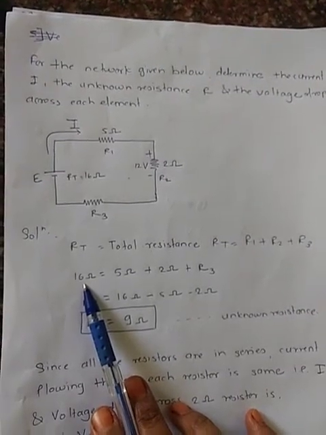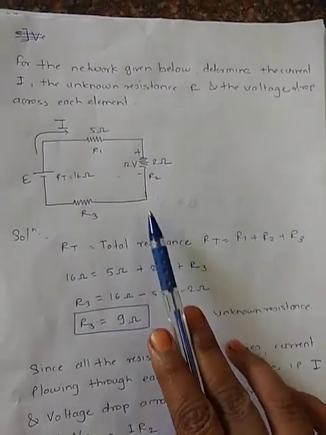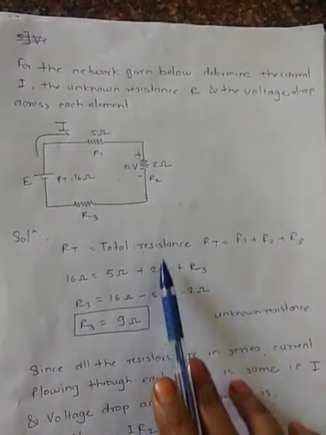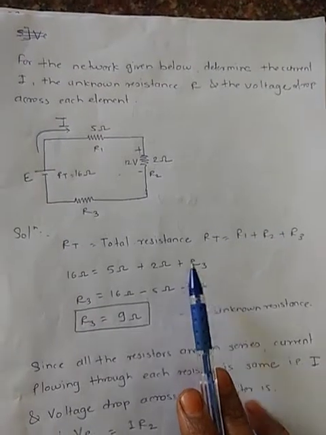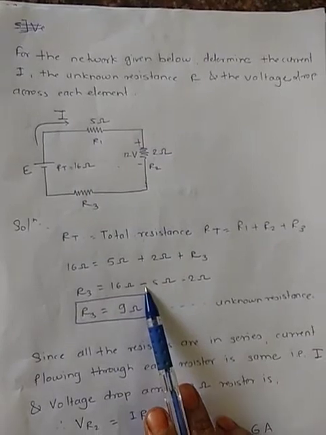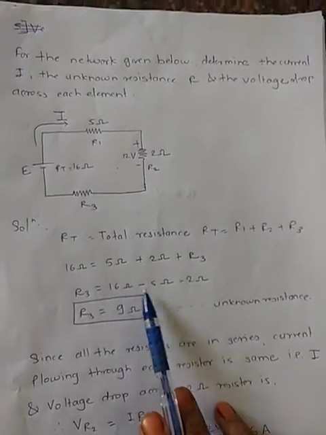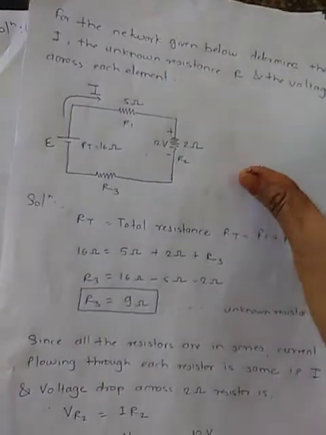RT is given as 16 ohm, R1 is 5 ohm, R2 is 2 ohm, and R3 is unknown. So we will rewrite this formula for R3. We will get R3 is equal to 16 minus 5 minus 2, which means R3 is equal to 9 ohm. This is the unknown resistance.